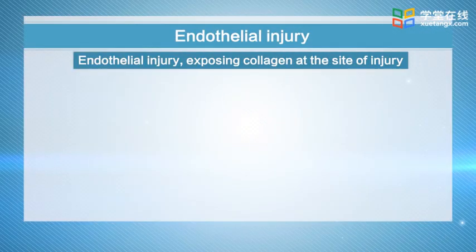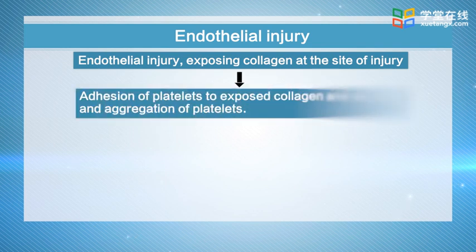Now, let's make a summary about the mechanisms of coagulation after endothelial injury. First, there is endothelial injury, exposing collagen at the site of injury. Second, adhesion of platelets to exposed collagen is followed by secretion and aggregation of platelets.